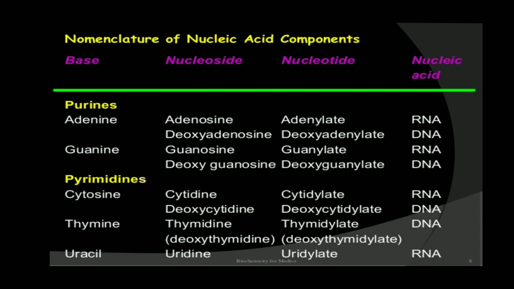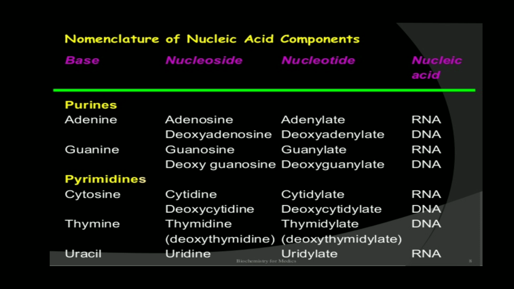If I'm talking about thymine, in the nucleoside form it will be called thymidine, and when the phosphate group attaches, it becomes thymidylate, and these are found only in the DNA.